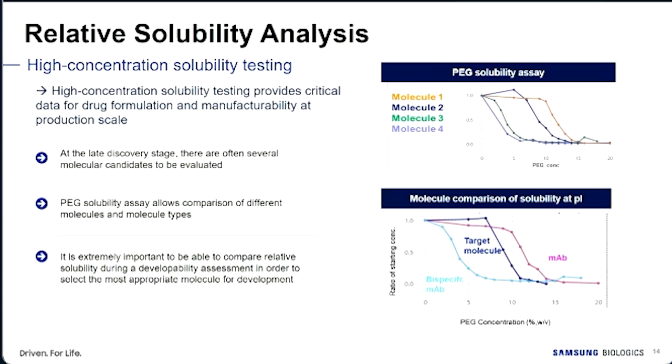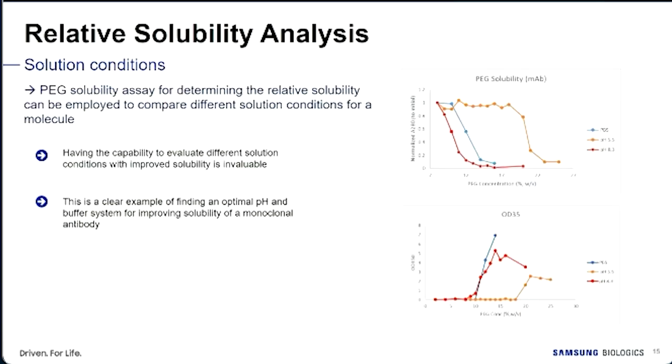So it is extremely important to be able to compare relative solubility during the developing period to select the most appropriate molecule for development. The PEG solubility assay for determining the relative solubility can be employed to compare different solution conditions for a molecule.